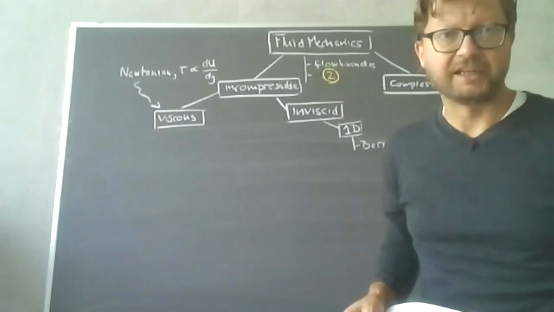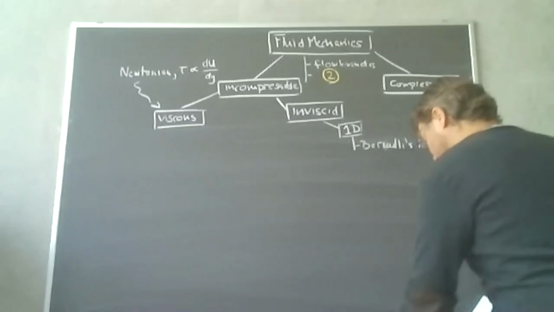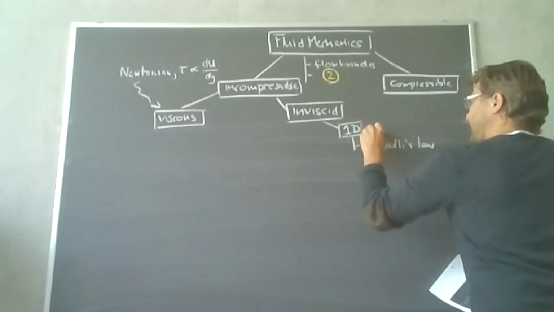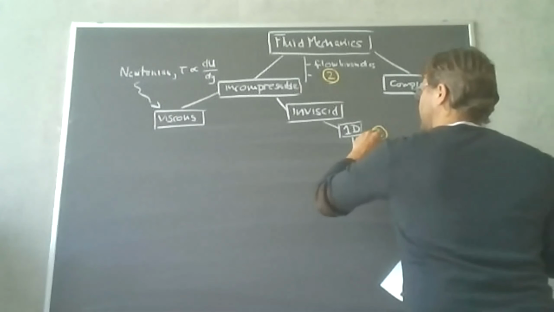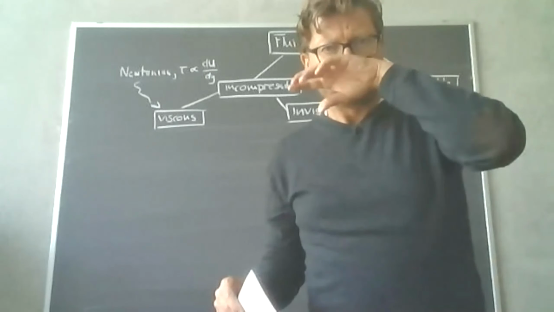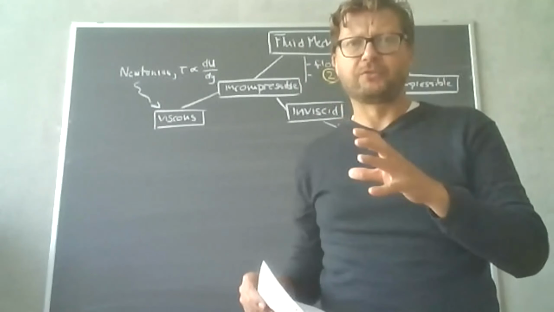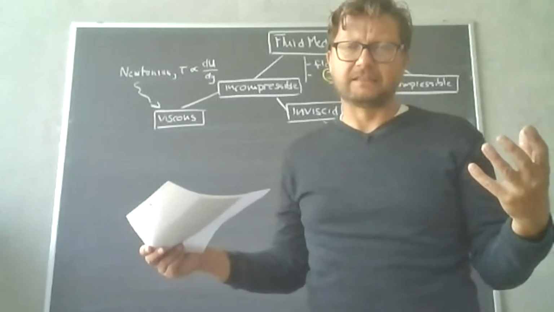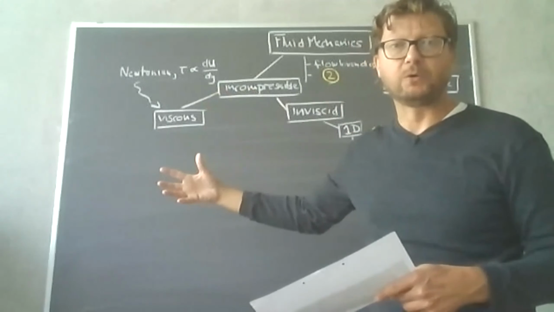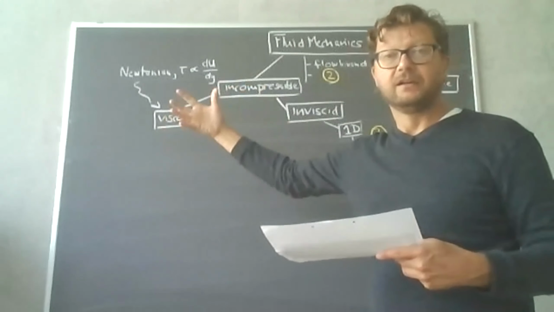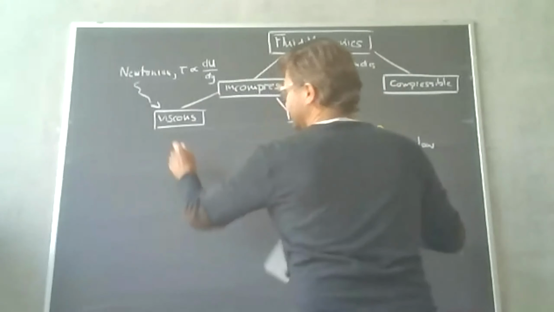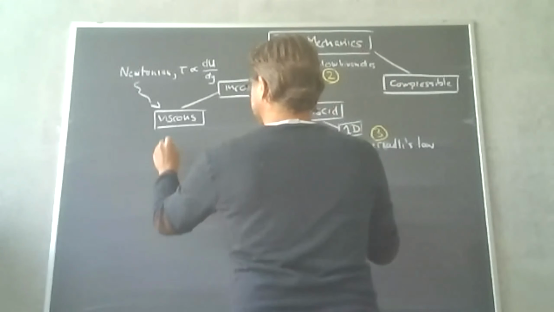And that was essentially lecture number 3, or the first half of lecture number 3. In the second half of lecture number 3, we extended our concept from 1D to 2D or 3D flows, and we started including viscosity. So we're on this side branch, we're at the viscous equation.